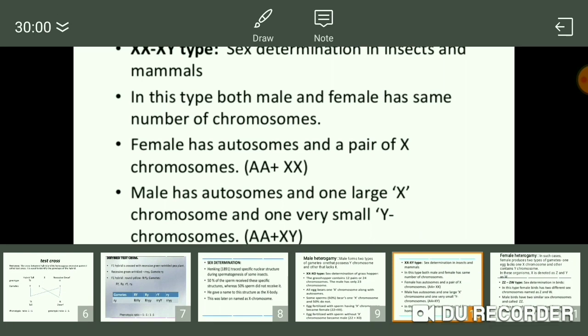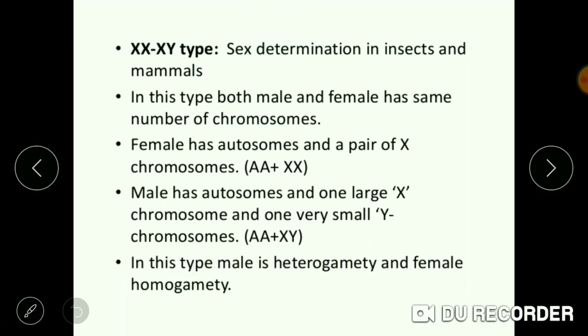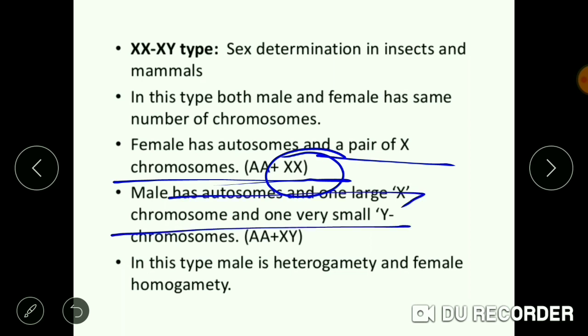In this, both the males and females have the same number of chromosomes. The female has autosomes and a pair of X chromosomes, represented as XX, while the male has autosomes and one large X chromosome and one very small Y chromosome, represented as XY.